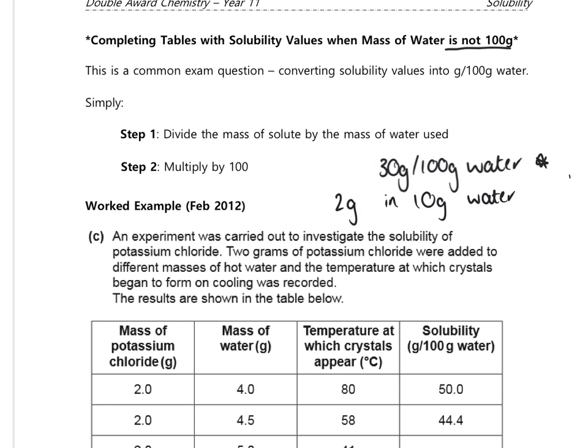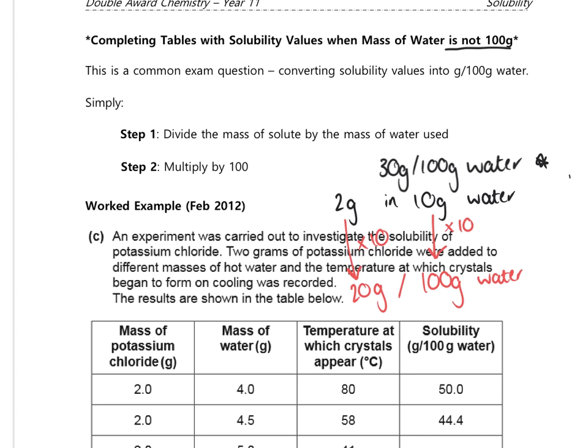Essentially, whatever I need to times my mass of water by to get to 100, in this case it's very easy. I obviously need to times by 10 to get 100 grams of water. I then times my mass of solute by that same factor. So the solubility for this salt would be 20 grams per 100 grams at that particular temperature.